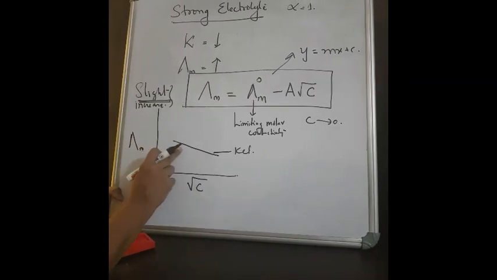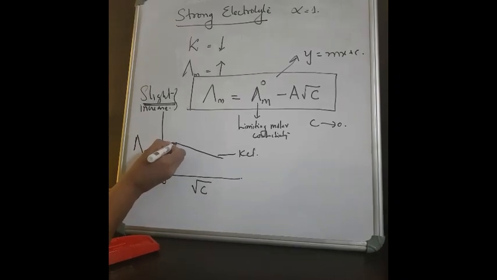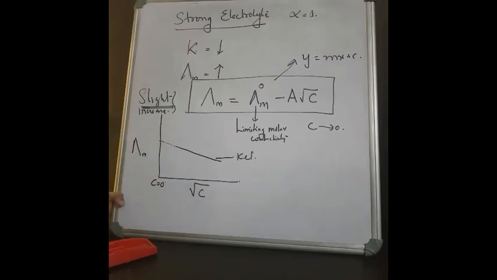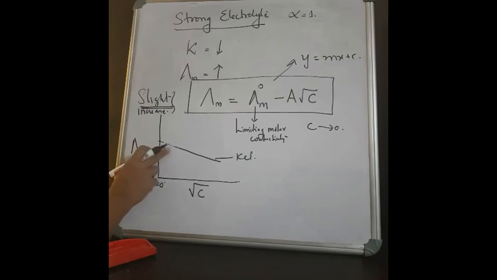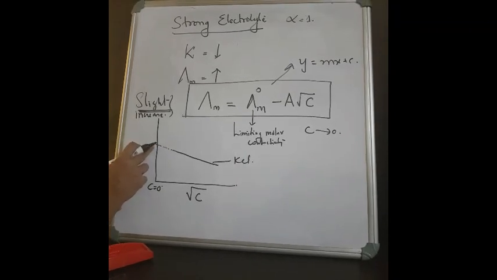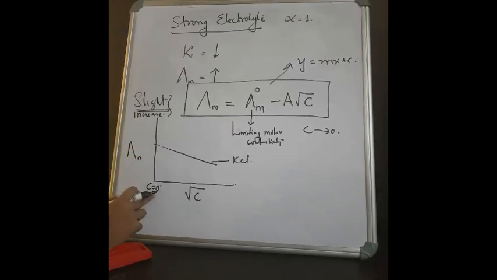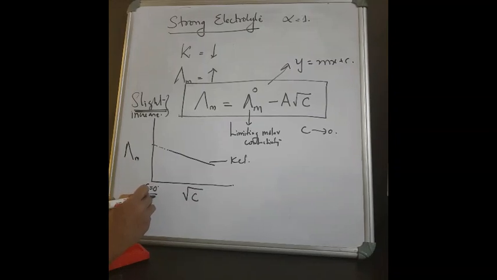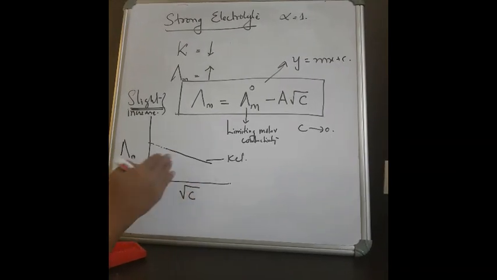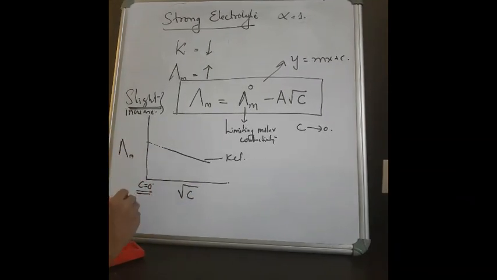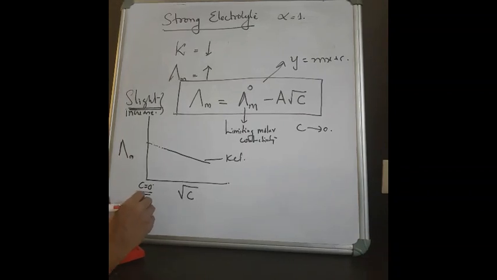Now, what happens if you extend this line? It intercepts here, at the point where c is equal to 0, that means the concentration tends to 0. That case you call infinite dilution, correct?